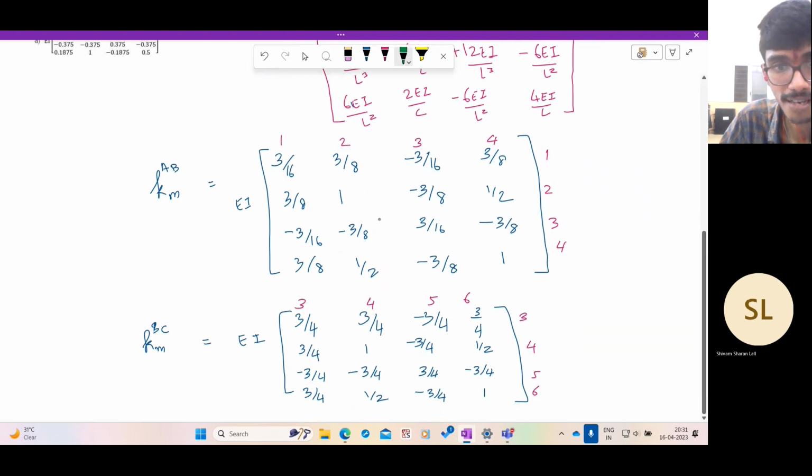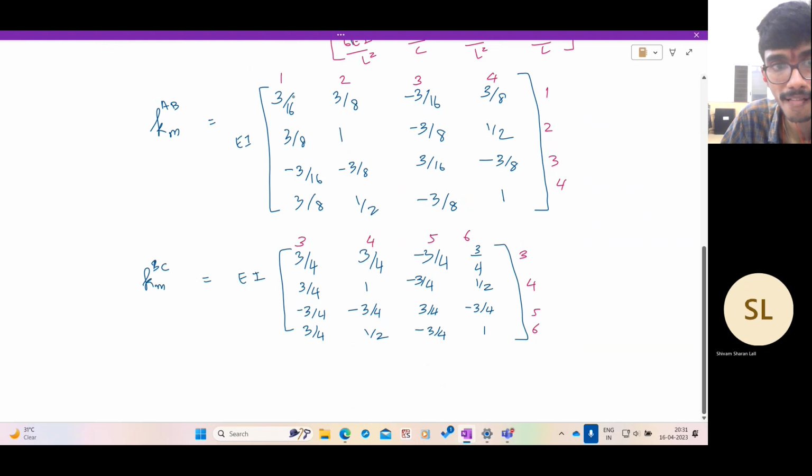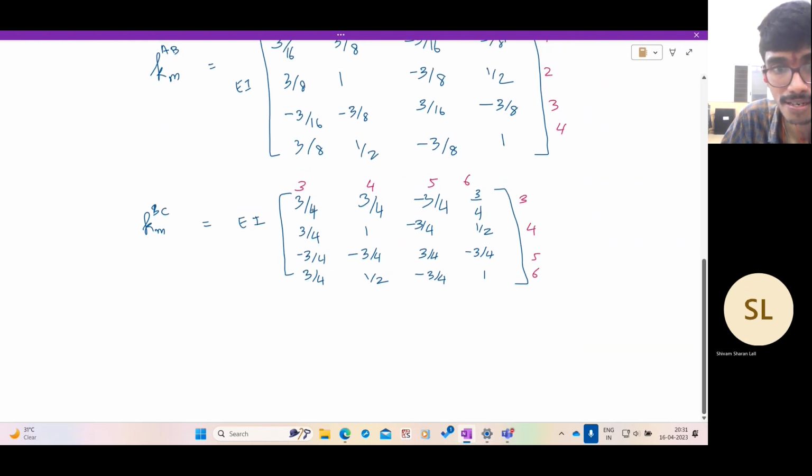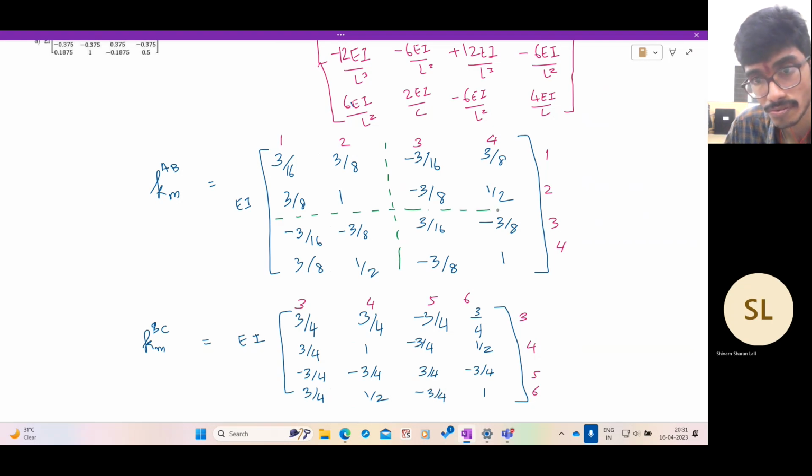Now let us construct the structural stiffness matrix. So how to do it? You have K11, assemble everything together. There's only one term, only 3, 4. So you see here, only this matrix is repeated. So split this into 4 parts. You see that these are the members that are repeated in both the matrices.